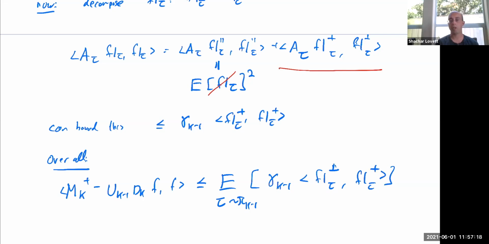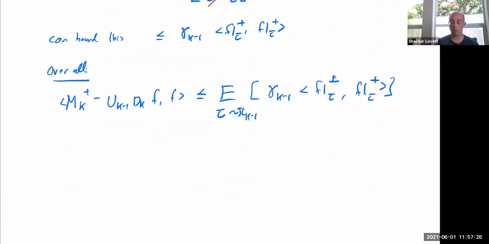That's a bound that you get by just applying the eigenvalue assumption on faces in link k minus 1. Okay, so now let's continue from here. We want to keep simplifying it.